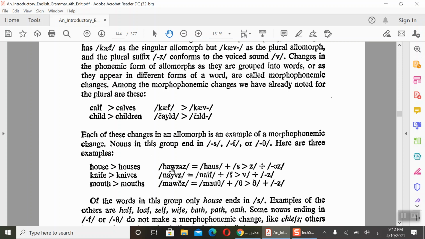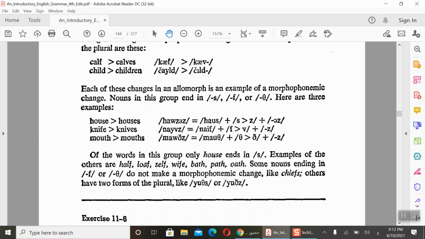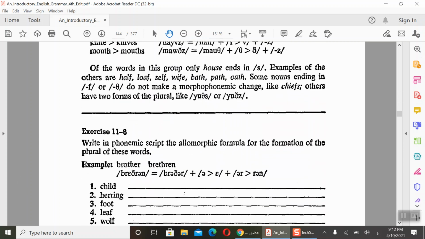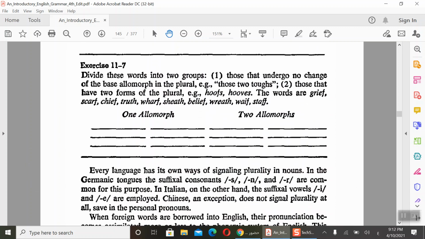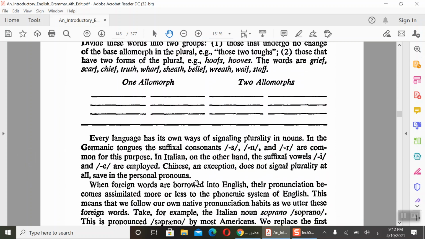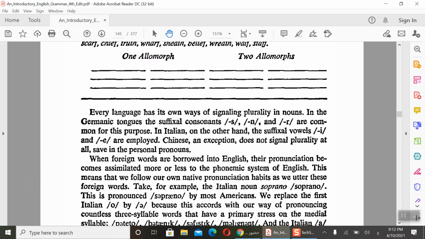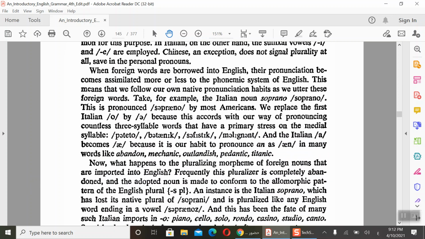S to z, houses. Knife, knives. See? Mouth, mouths. A change. Here we have examples, an exercise you have to fill in. Here we have another group, some nouns from other languages, not important.